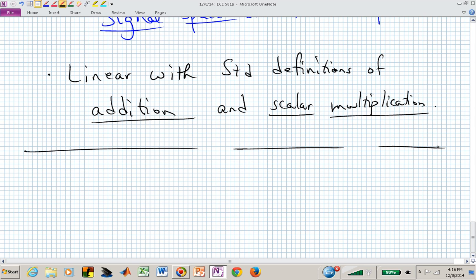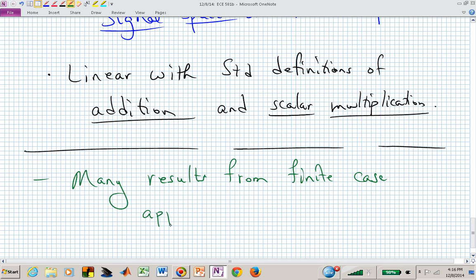With that available to us, now many of these results that we had in the finite dimensional case can move into this new signal space that we've now identified. Many results from the finite case apply directly.